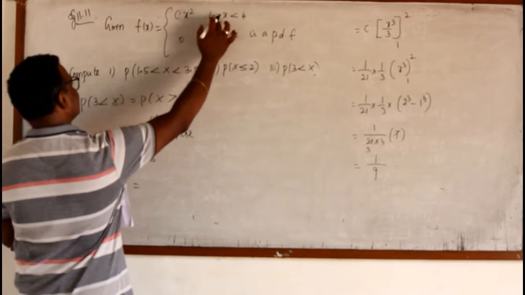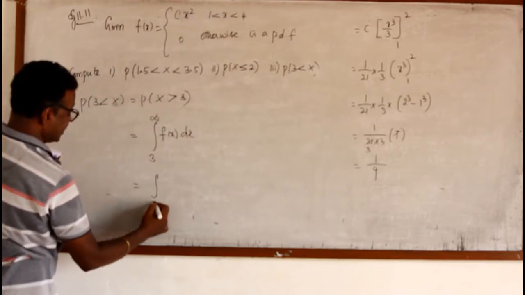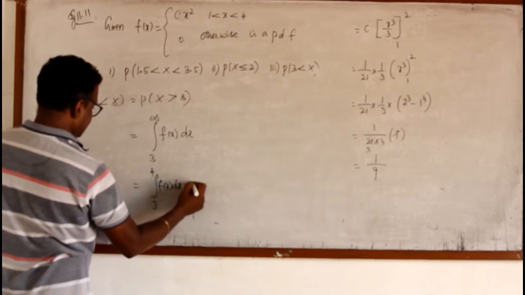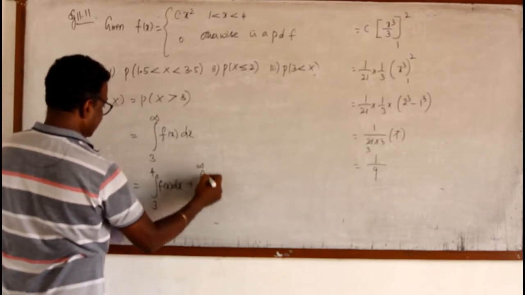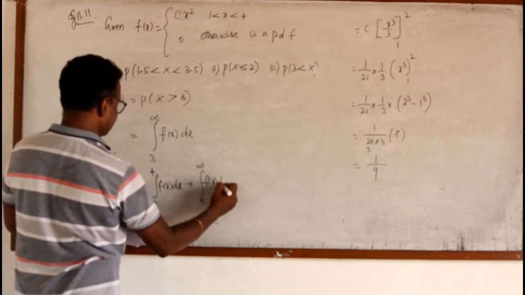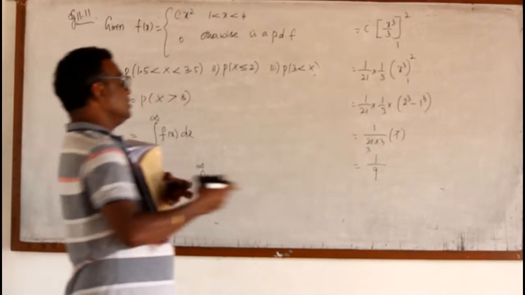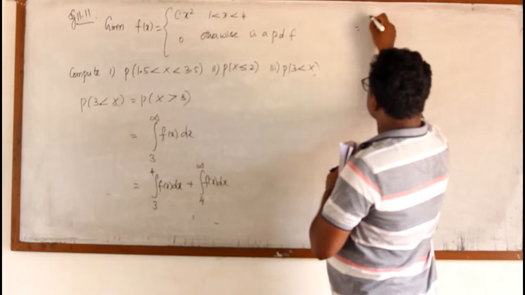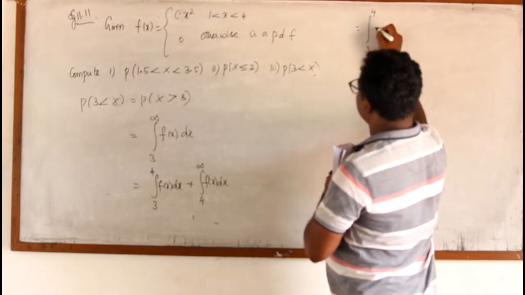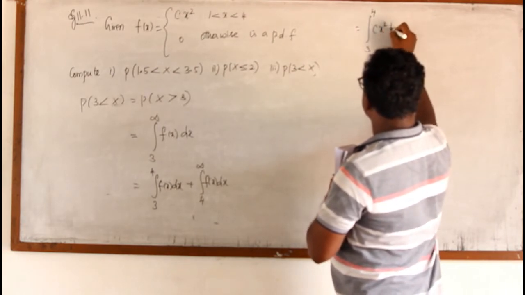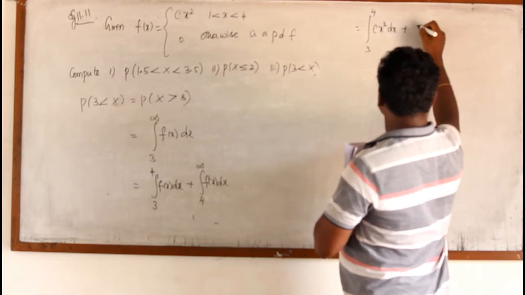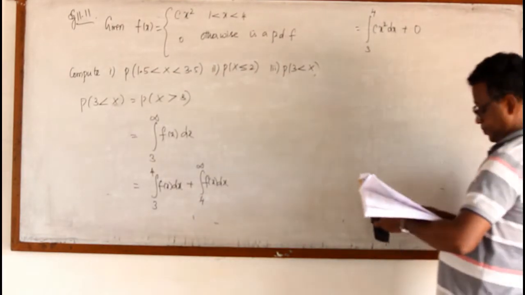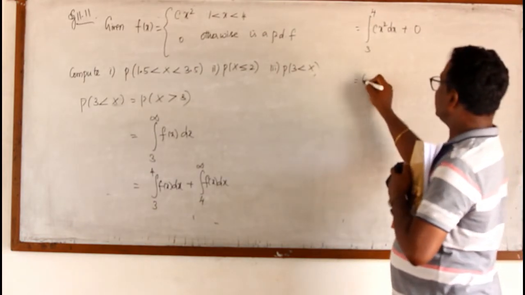But the function exists only from 1 to 4. So shall I write 3 to 4 f of x dx plus 4 to infinity f of x dx. Now from 3 to 4 the function exists, f of x is cx square dx, and from 4 to infinity the function does not exist. Therefore that is 0.